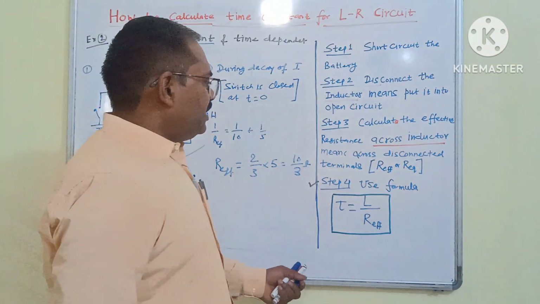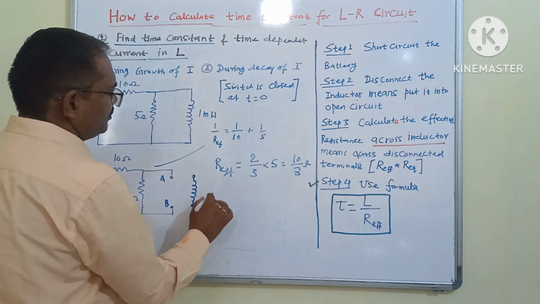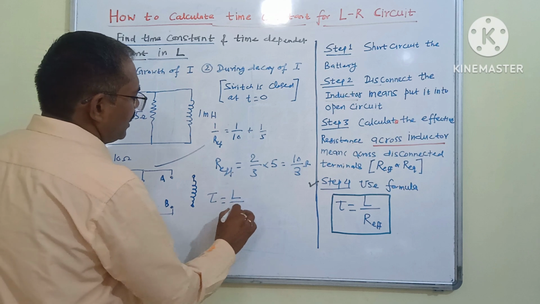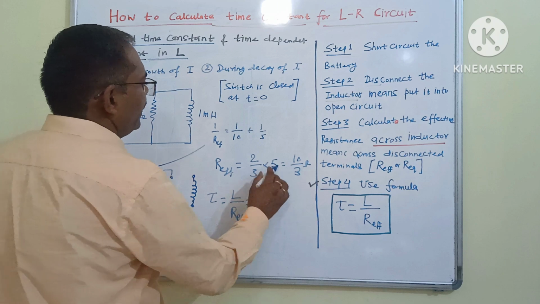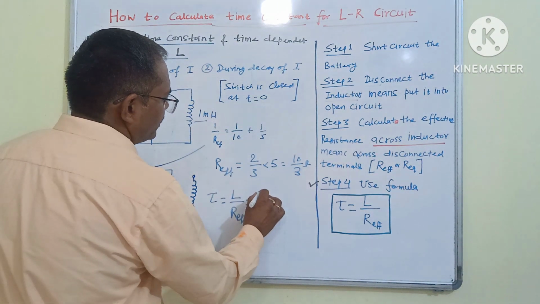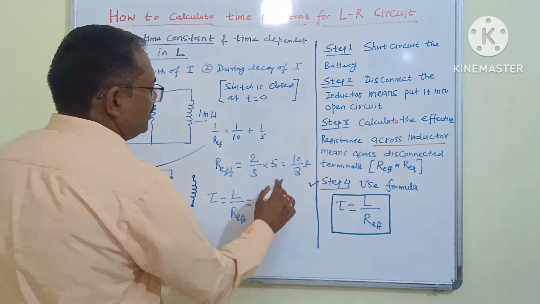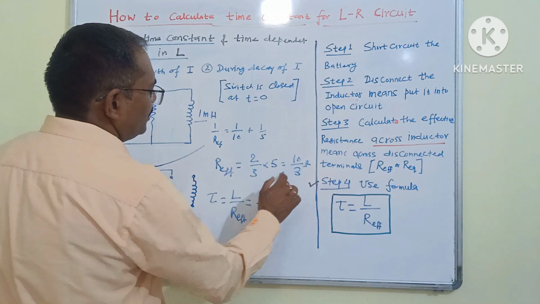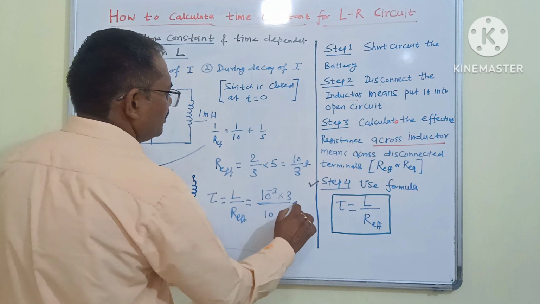In next step, we can write time constant. Step 4, time constant tau equals L over R effective. L is given, L is 1 millihenry. So I can say this is 10 raised to the power minus 3, 1 millihenry divided by 10/3, 3 will go up, multiplied by 3.